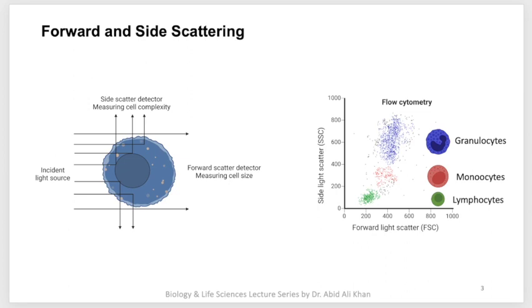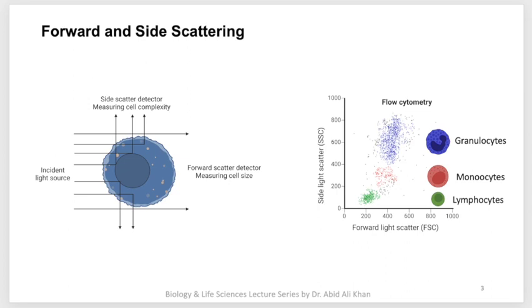So we know blood has lymphocytes, monocytes, and granulocytes. Lymphocytes, the B or the T lymphocytes, are smaller in size and simpler in complexity, and this is why they're ending up here at 200. Now monocytes are a little larger in size than lymphocytes. That's why in the forward scatter they would appear bigger. So you could see they are roughly at 400 on this x-axis in the forward scatter.